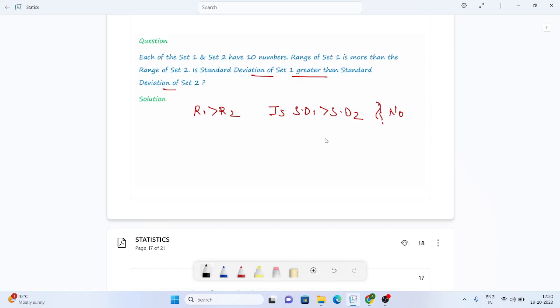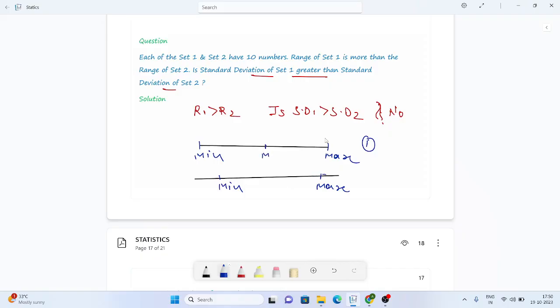What I mean to say is, let's say this is the minimum value and this is the maximum value for set 1. So the range of set 1 is larger, so I take the minimum here for set 2 and the maximum here, a little closer.